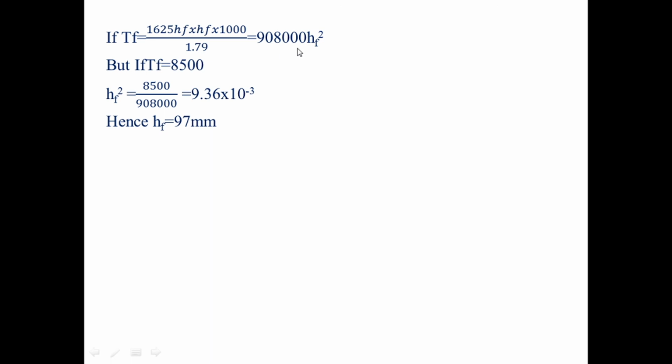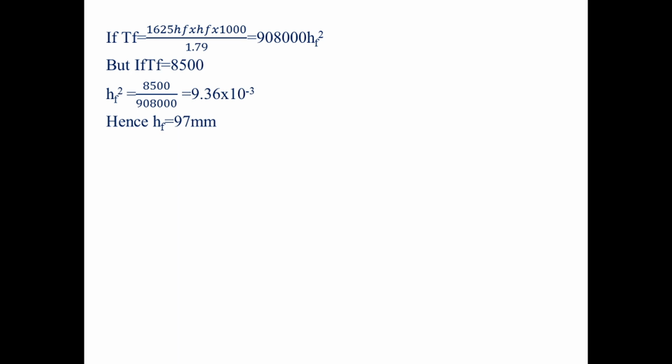So you will be getting 908,000 HF square. But IFTF equals 8,500, that is in the problem, correct.